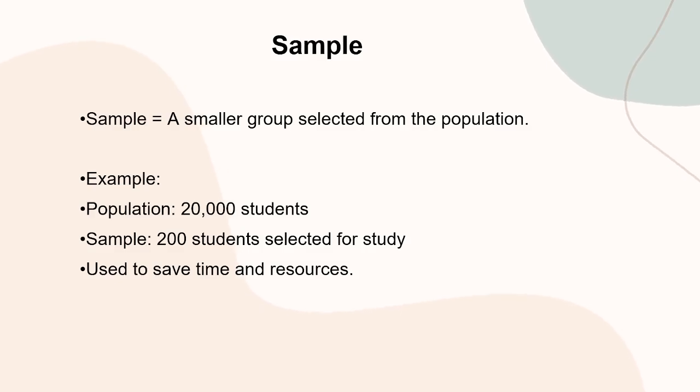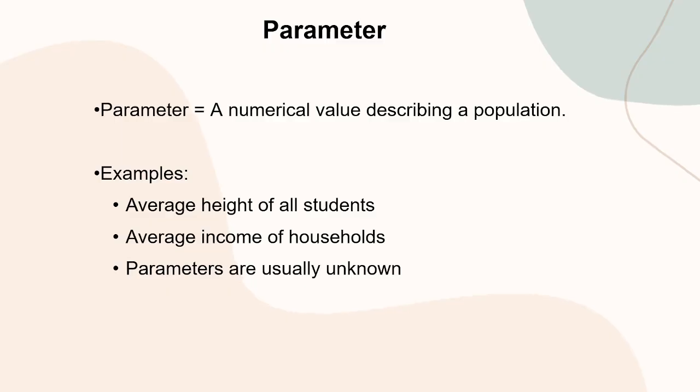So, population is 20,000 students, sample is 200 students selected from the 20,000 students. So, remember, sample is a smaller group selected from the population for study. Most real world studies use samples because they save time, money, and effort.